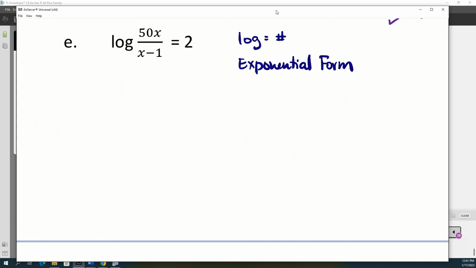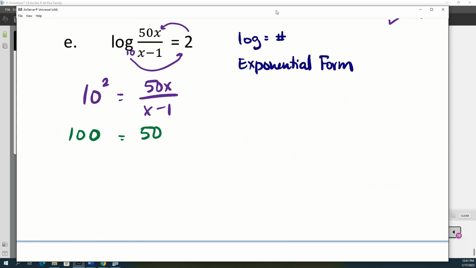What's the base on this one? 10. Someone's whispering it, I think. So no base means base 10. So 10 squared is equal to 50x over x minus 1. All right, 10 squared is 100.